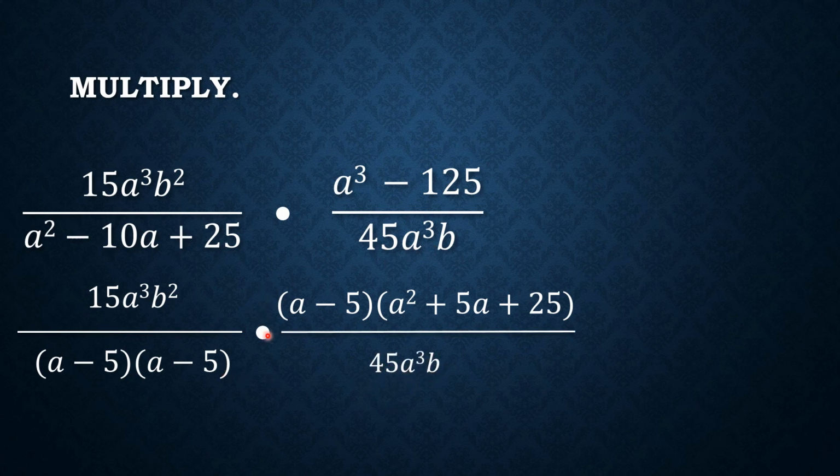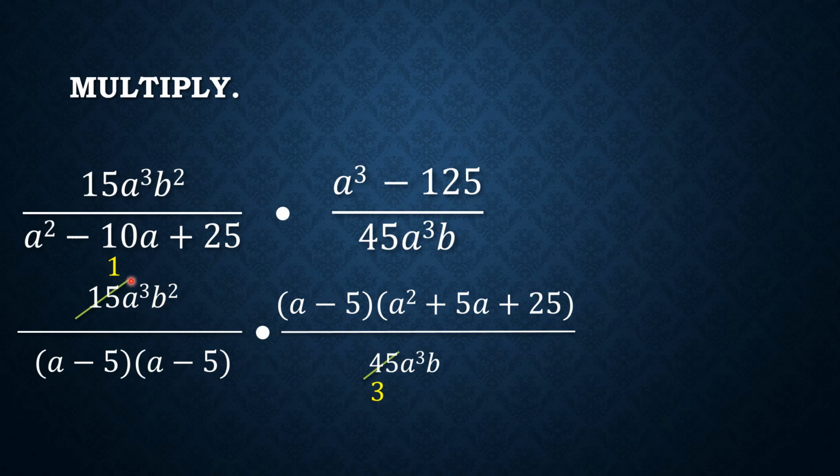Okay, so let's cancel all the common factors. Notice that 15 and 45 has the greatest common factor of 15. So by dividing these two numerical coefficients by 15, 15 divided by 15 is 1, 45 divided by 15 is 3.